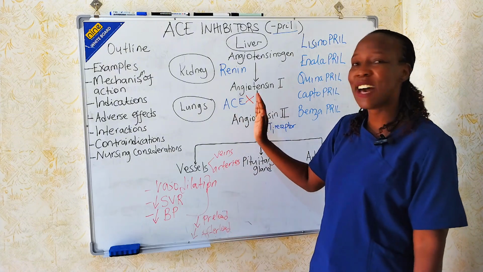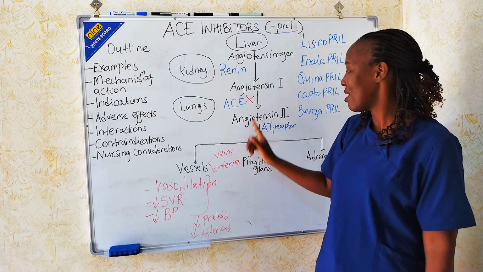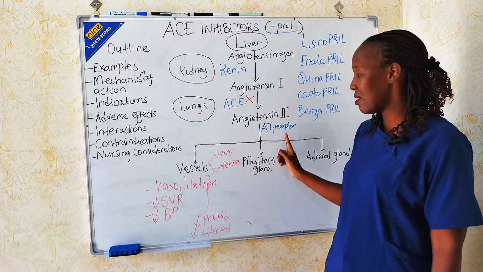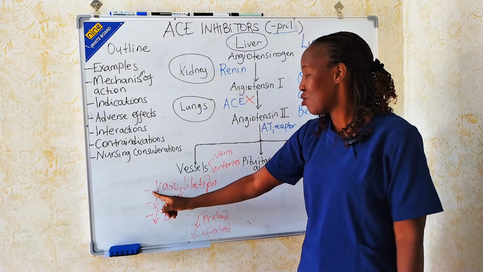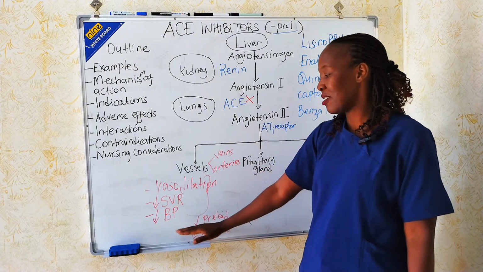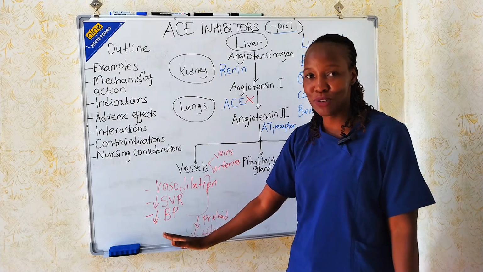So drugs that inhibit ACE and therefore inhibit the production of angiotensin 2 are going to cause vasodilation, reduce systemic vascular resistance, and reduce blood pressure.